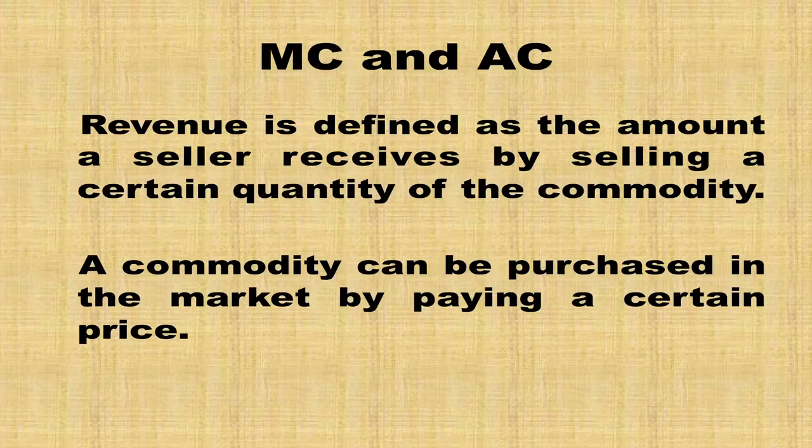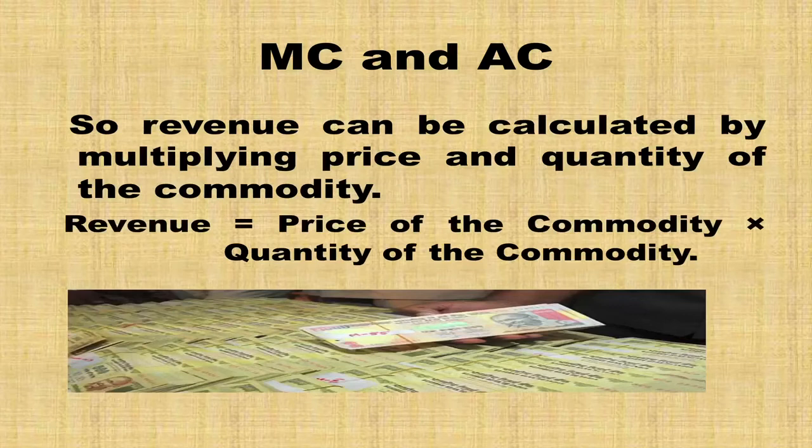We all know that a commodity can be purchased in the market by paying a certain price. So, revenue can be calculated by multiplying price per unit by quantity of the commodity, and hence we write revenue equals price of the commodity into quantity of the commodity. During a given period of time, the seller sells a certain quantity of the commodity.